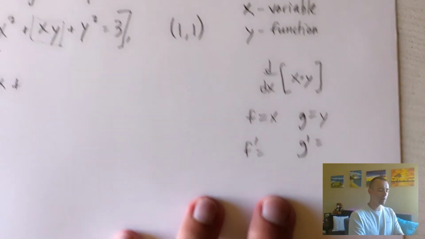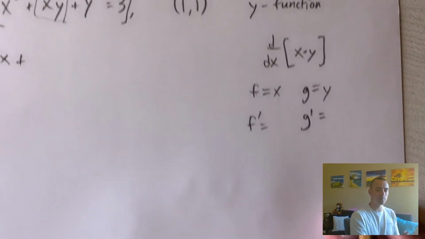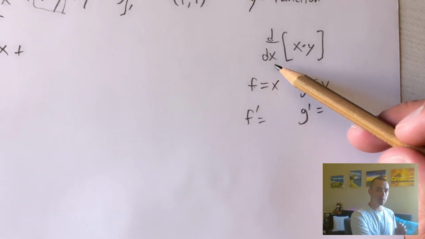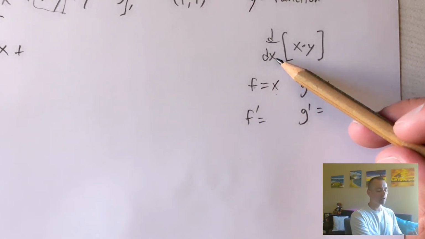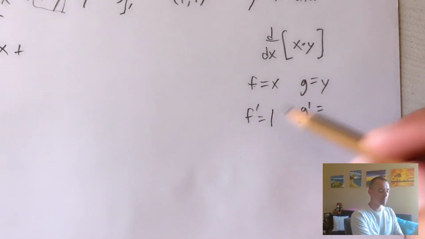This is where the distinction of variable versus function really comes into play. When we take the derivative with respect to x, our variable works the way you expect derivatives to work. The derivative of x is just 1.